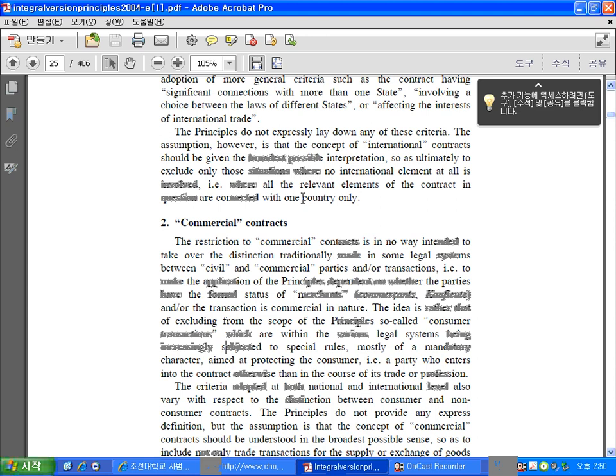The idea is that of excluding from the scope of the principles so-called consumer transactions, which are within the various legal systems being increasingly subjected to special rules, mostly of a mandatory character aimed at protecting the consumer. A party who enters into a contract otherwise than in the course of his trade or profession.